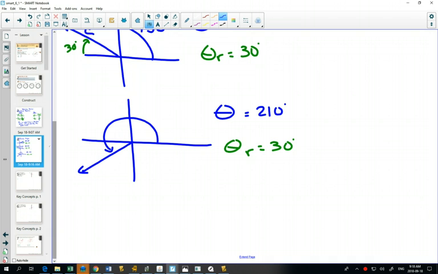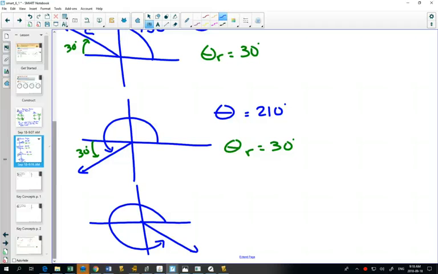And that reference angle would be right here. And finally, I could also do one in quadrant 4, which would be 330 degrees, which would be a reference angle of 30 degrees.